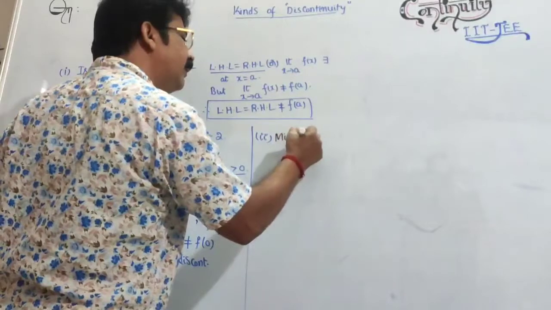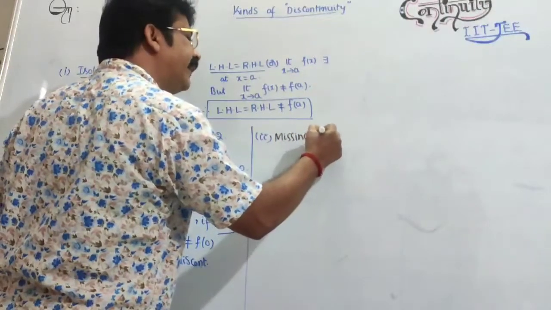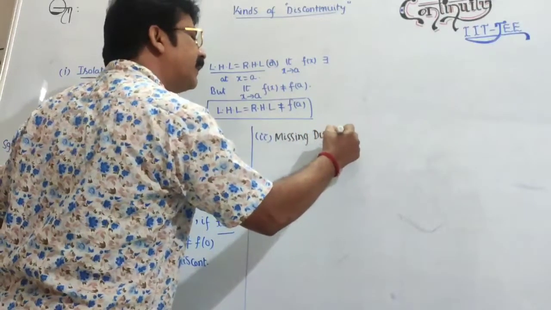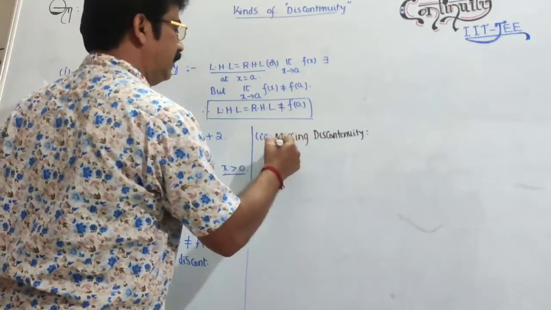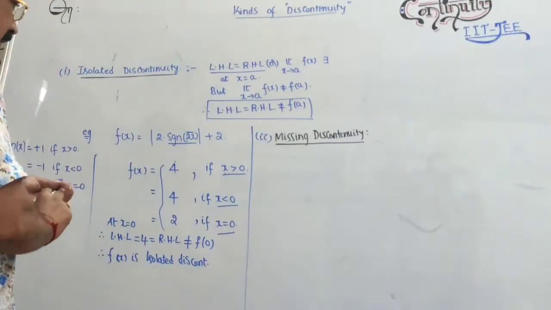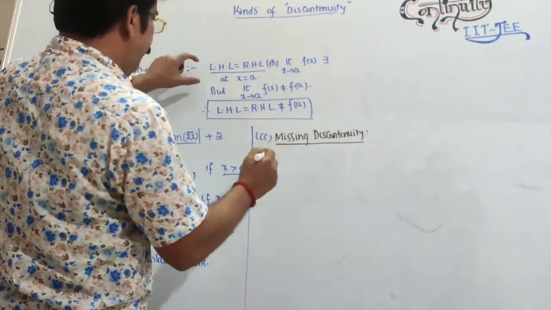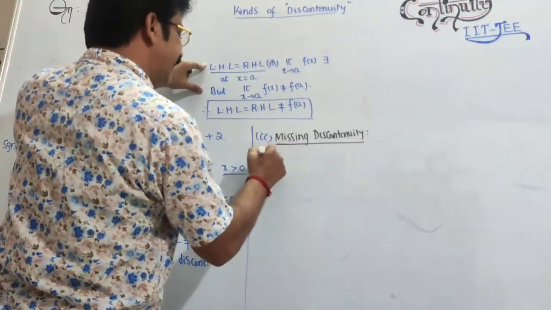Number 2, missing discontinuity. Missing discontinuity. It is what? Definition.